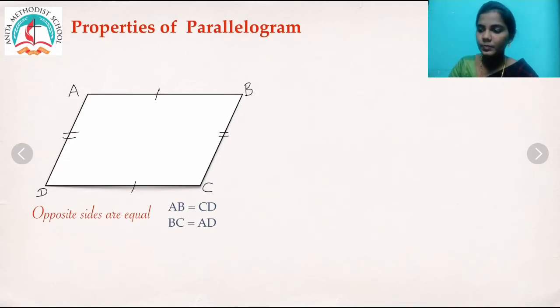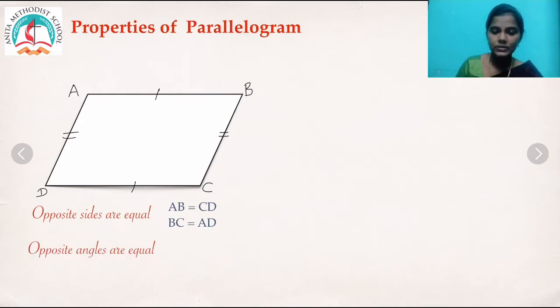Now my third property: opposite angles are equal. You know what an angle is, right? When two arms are meeting together, that point is called the angle.